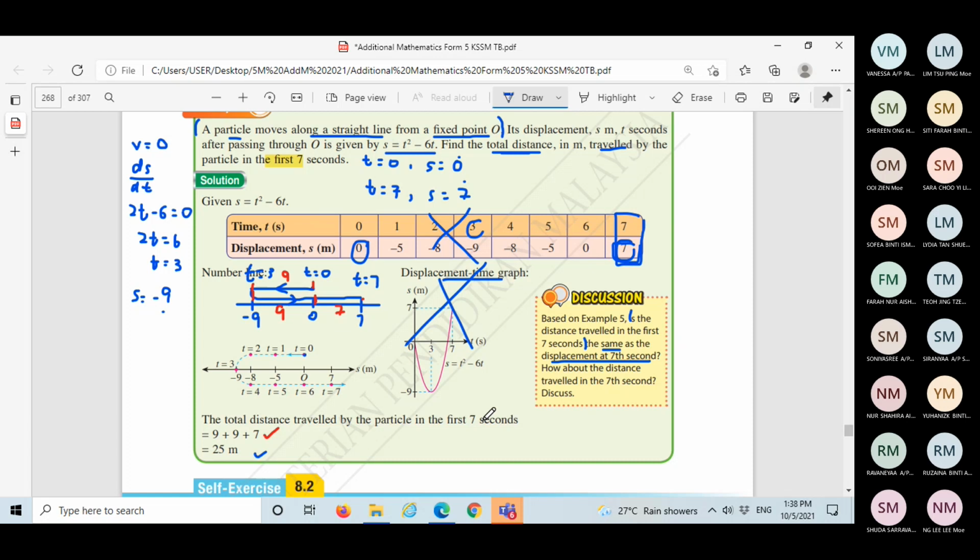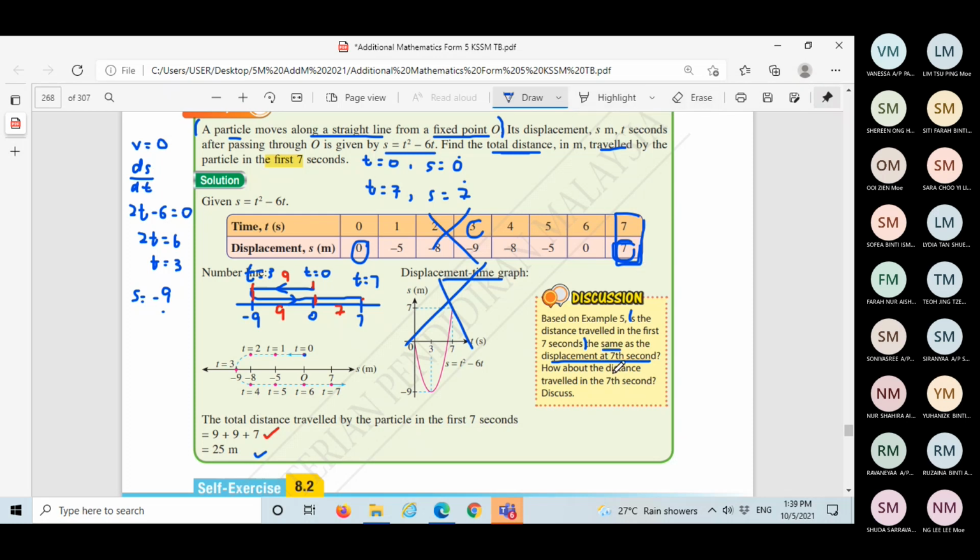Very different. Never be the same. One is displacement, one is the distance traveled. Cannot be the same. But another type of question, you have to be careful. Why? Just now I highlight first 7 seconds, because the other type of question they can ask is this way.